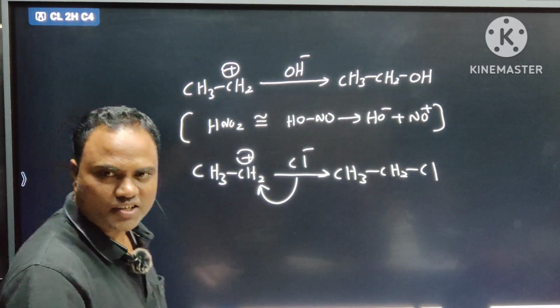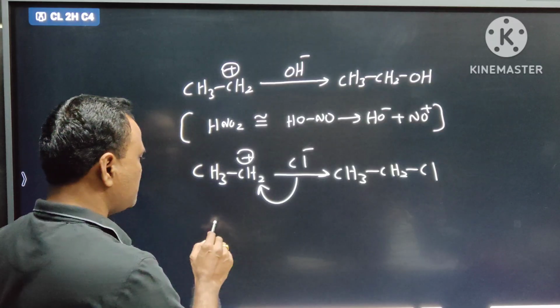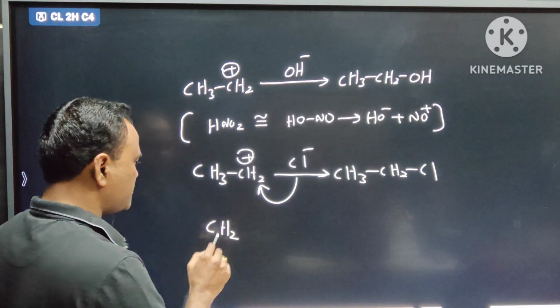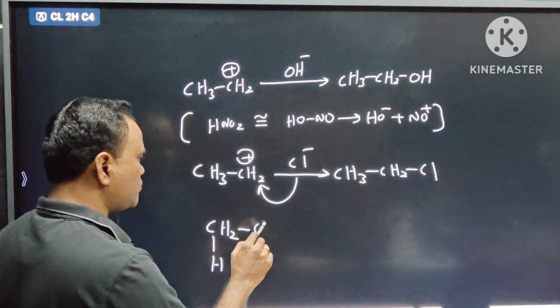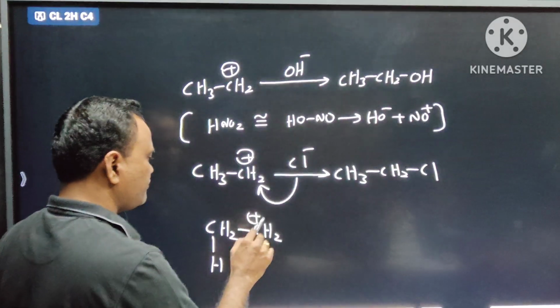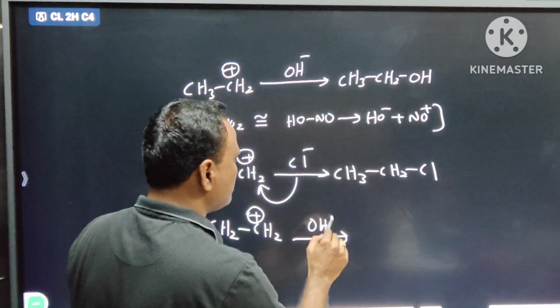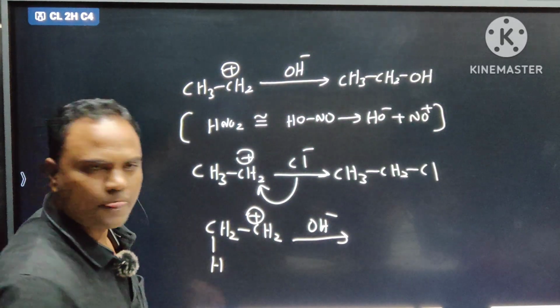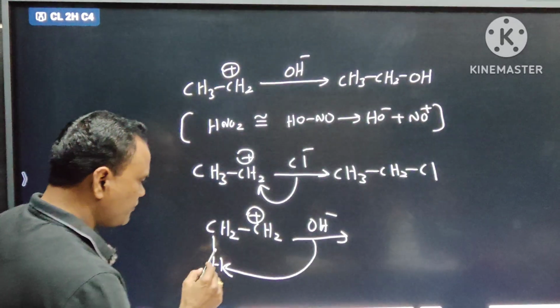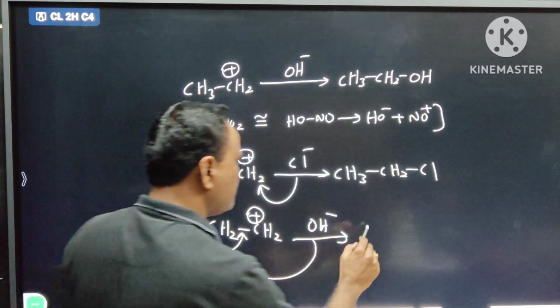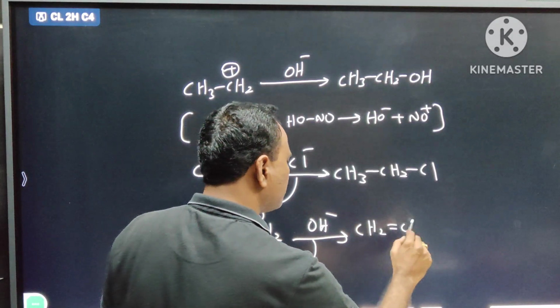Next, an alkene is also formed. Can I write CH3CH2 like this, with an H? And again this base OH- captures this hydrogen and this bond will shift to this side to form the alkene.